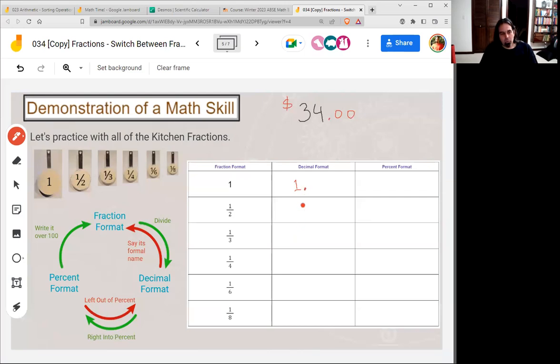Or I could put a decimal point there with 1 or more zeros. It doesn't really matter if I put the zeros on or not. It just means I have a dollar bill and no change. So it's up to you. You could do that several different ways. Just leave it like that, or make it a decimal if you want.